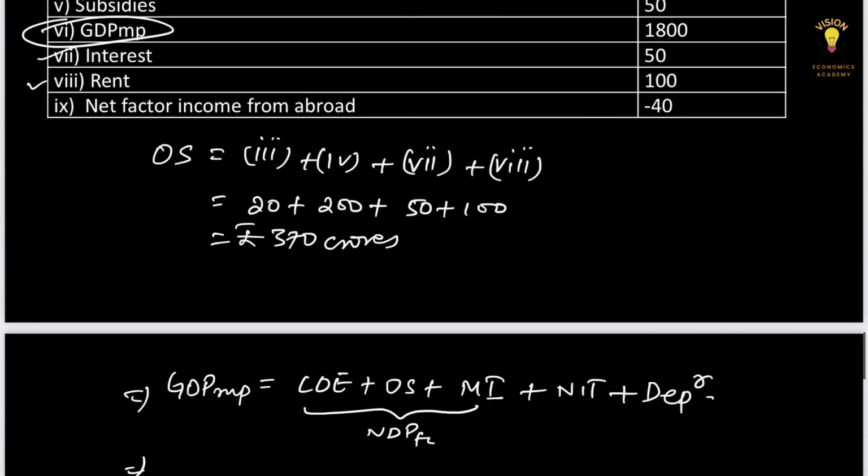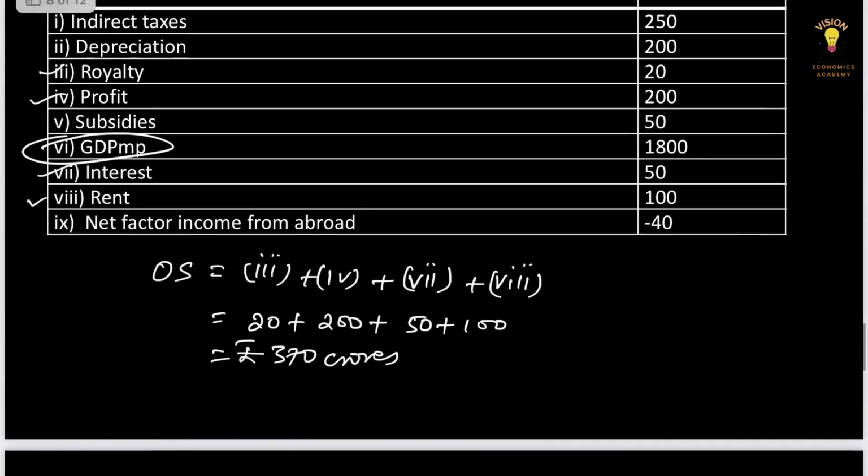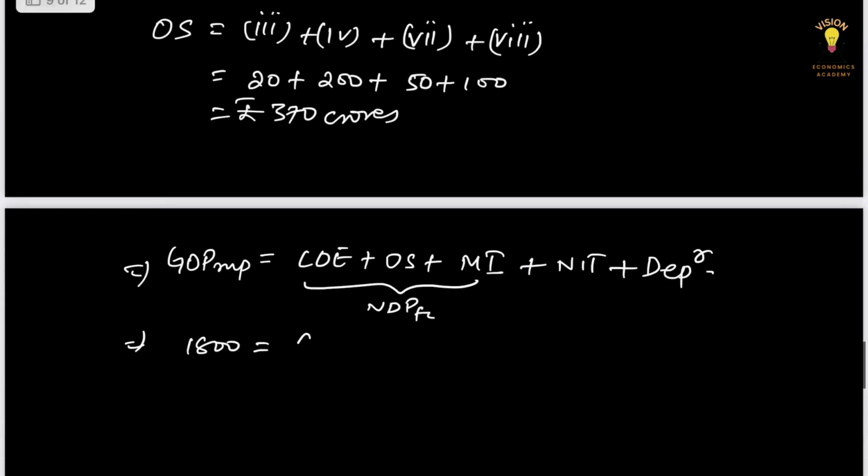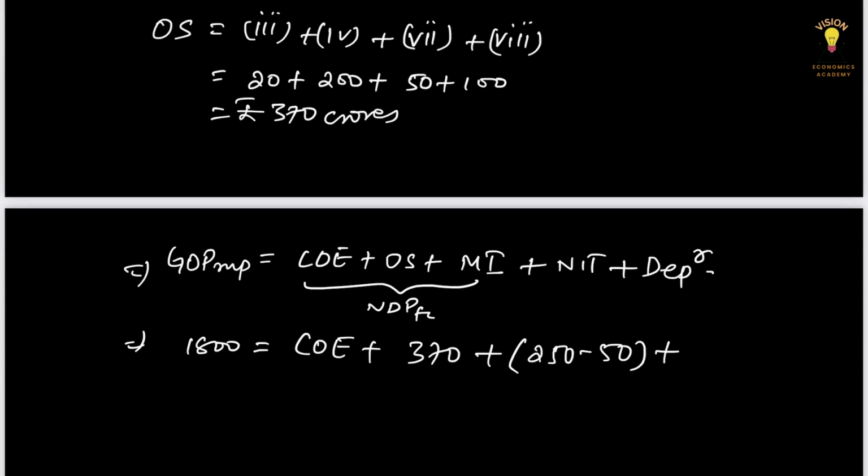The value of GDP-MP is 1800 equals compensation of employees, which we have to find, plus operating surplus 370, mixed income is not there, and net indirect tax is indirect tax minus subsidy, that is 250 minus 50, and plus 200.